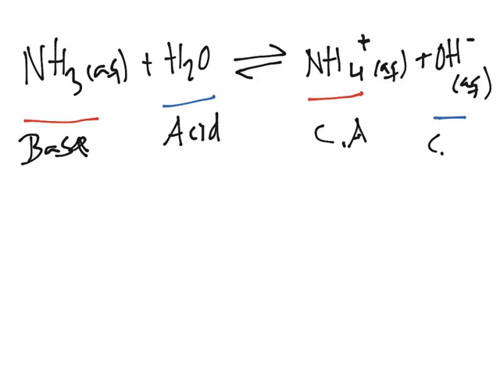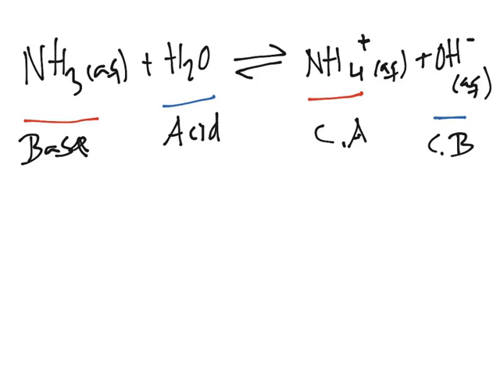And if the OH minus accepted it, it is a conjugate base. After a little bit of practice, this becomes really easy. You just have to picture which one gave up a hydrogen ion and which one accepted a hydrogen ion, and you'll be able to tell the difference pretty quickly.